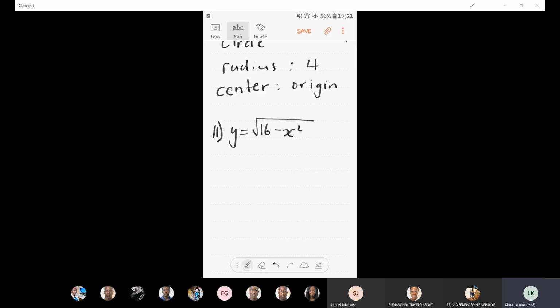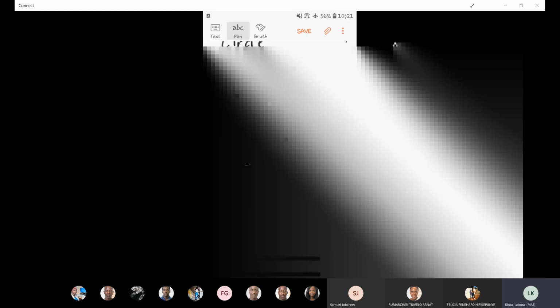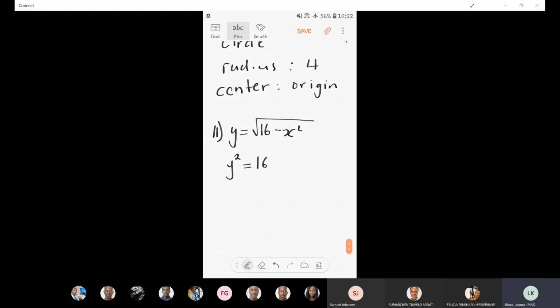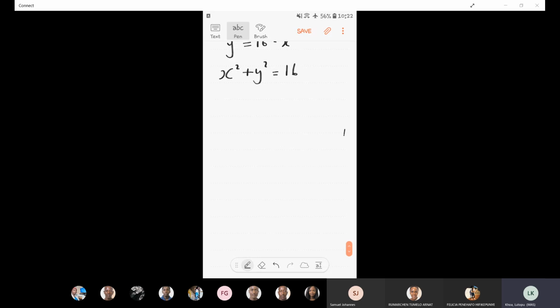So what you will do is write it in standard form. You square both sides. This is 16 minus x squared. And then you have x squared plus y squared is equal to 16. But when you sketch it, you will only draw the top half like that. So this goes from minus 4 to 4.